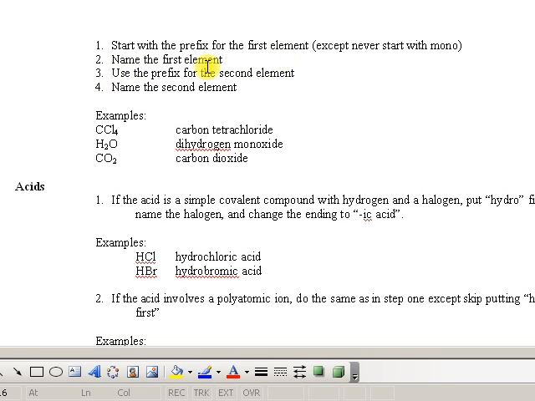And then we're going to name the first element. We're going to use the prefix for the second element, and then we're going to name the second element. I should have mentioned too that we're going to change the ending and add IDE. So don't forget to change the ending to IDE.